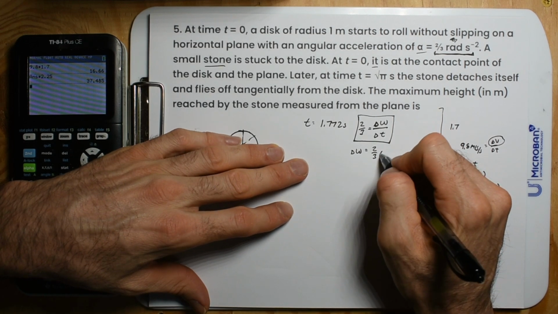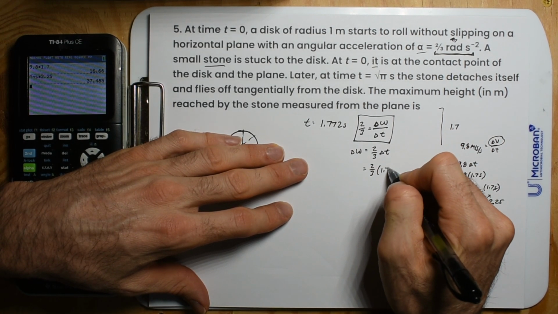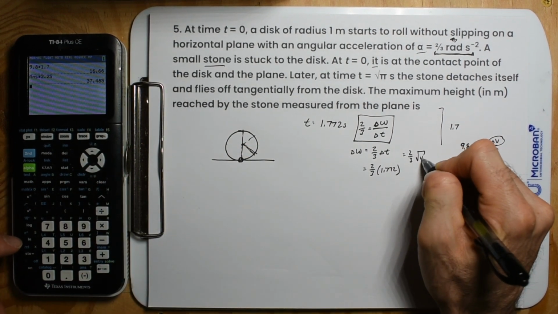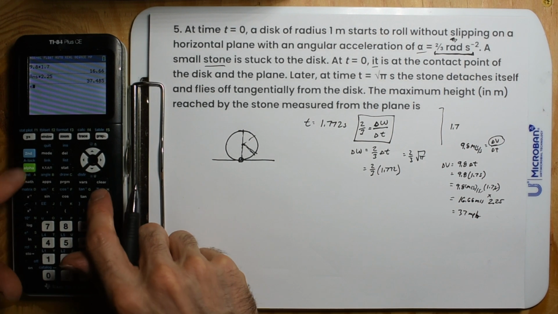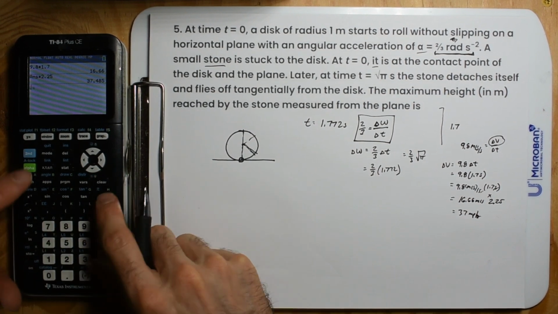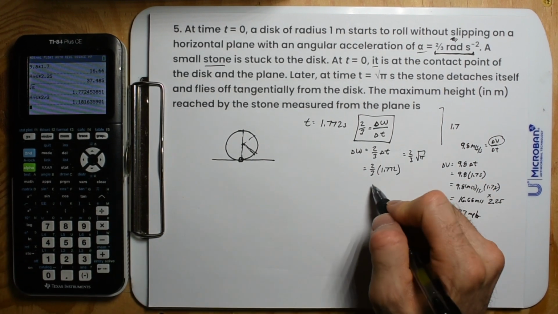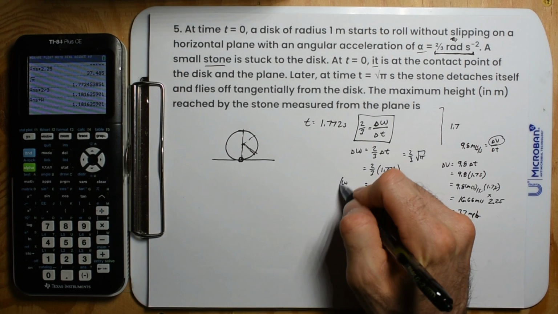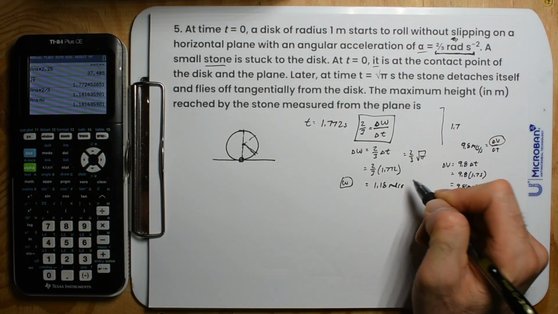So we have 2/3 times change in t, and we get 2/3 times 1.772, or 2/3 times the square root of pi. Square root of pi times 2 divided by 3, and I'm going to store this as alpha w, and we get 1.18 radians per second.